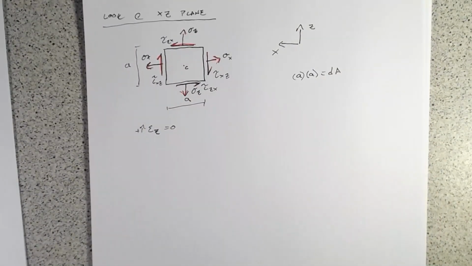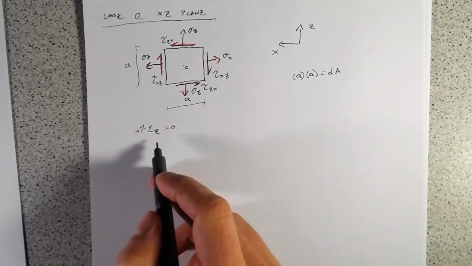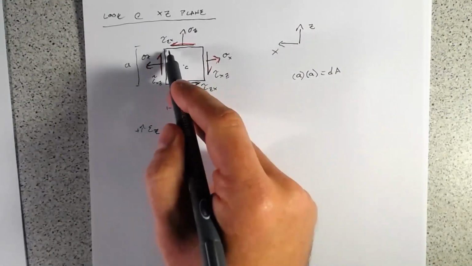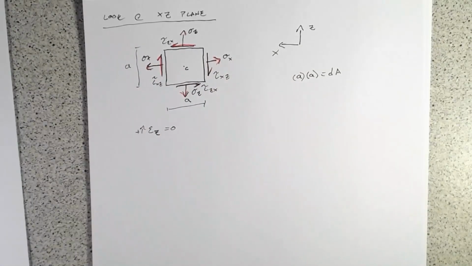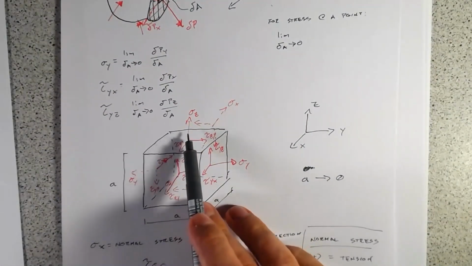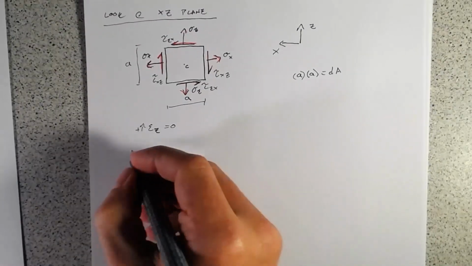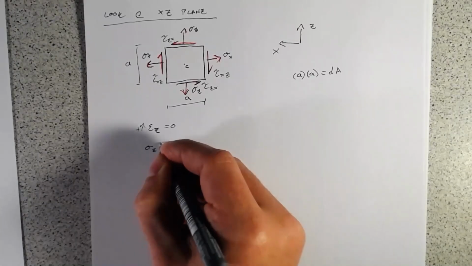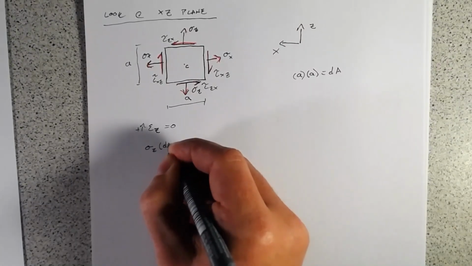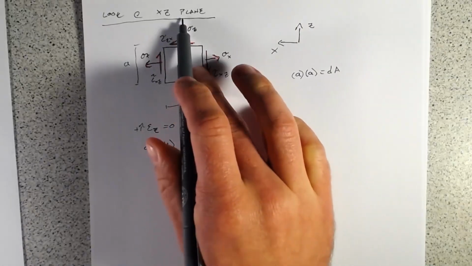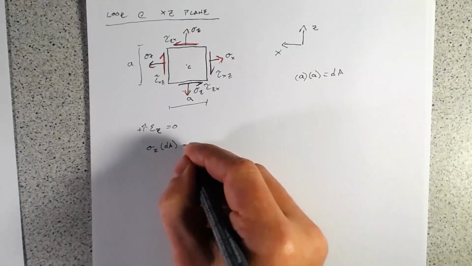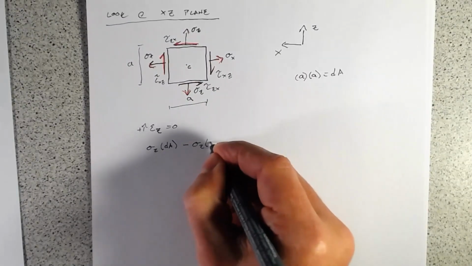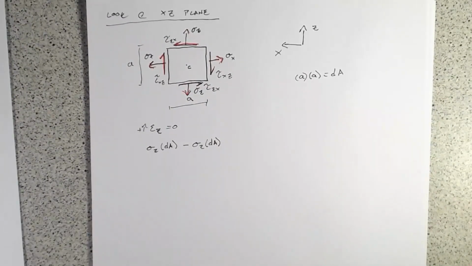In the Z direction, we have sigma Z times dA going up, and one down below, minus sigma Z times dA.